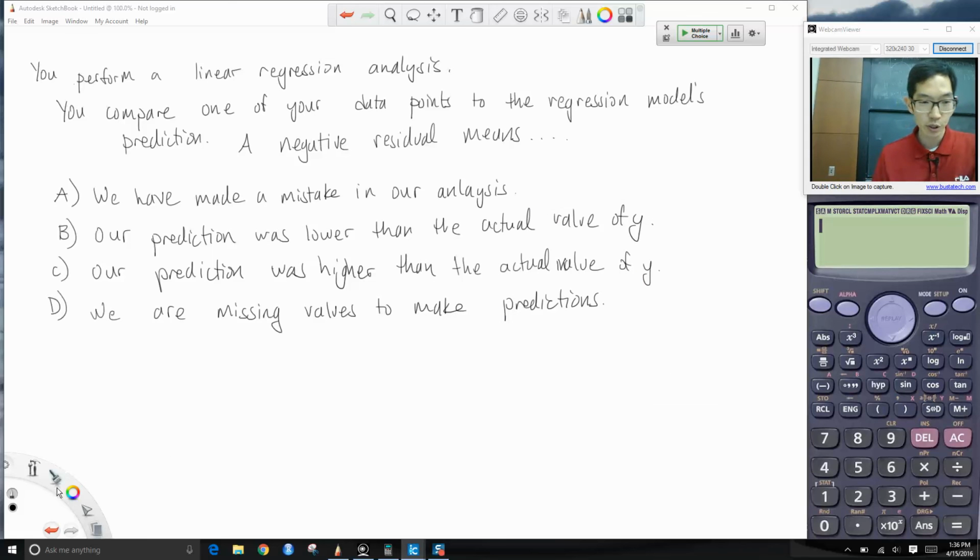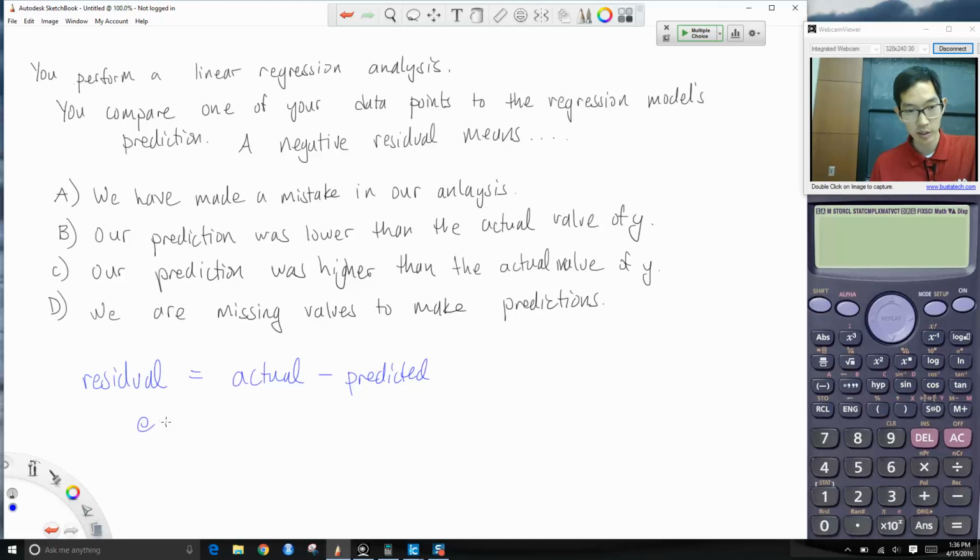So what is a residual? The residual is the actual value minus the predicted value. So e is y minus y hat. If this is negative, it means the actual was smaller than the predicted. So actual is small and predicted is large.